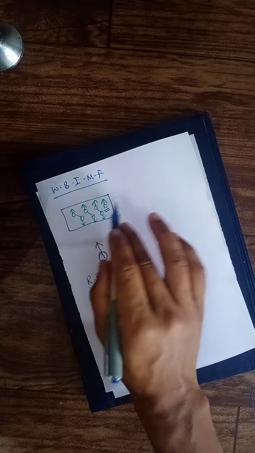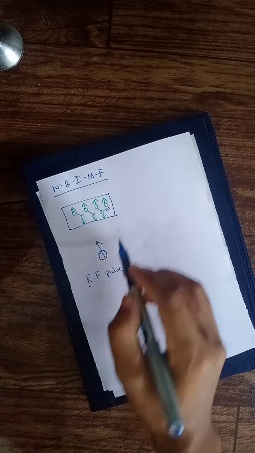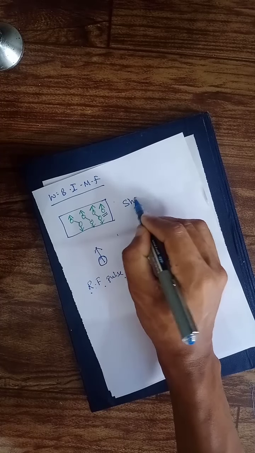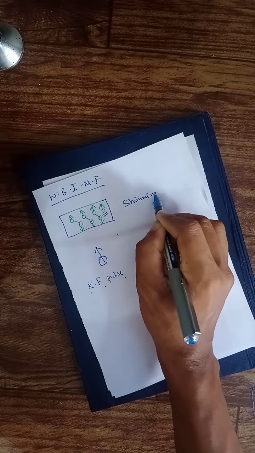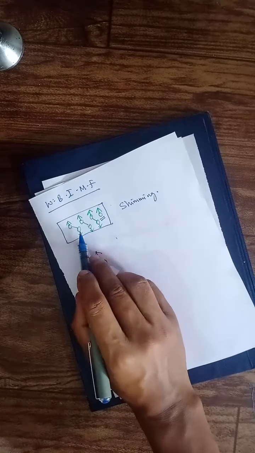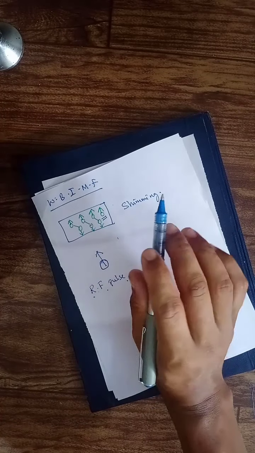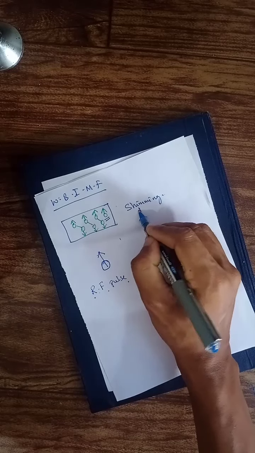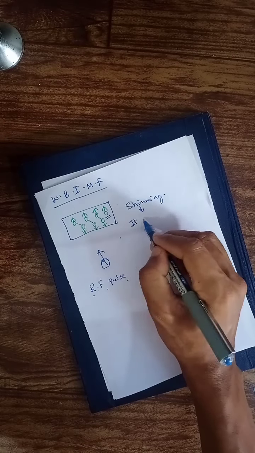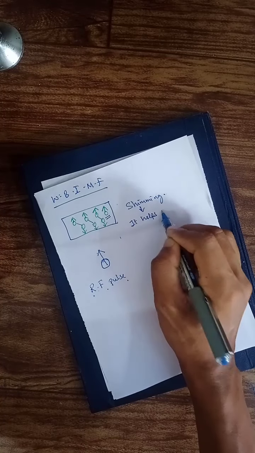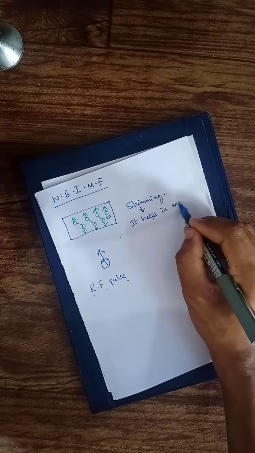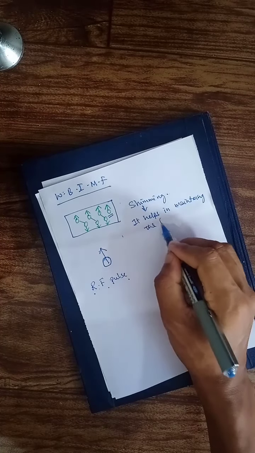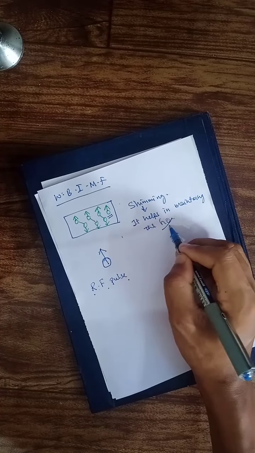So when everything happens, this is also known as shimming, to maintain the homogeneity. Shimming helps in maintaining the homogeneity.